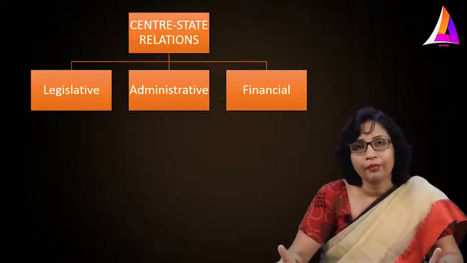So we know that India has adopted a federal polity of government. What is the federal polity of government? Maybe you know. Once again, I am going to revise that federal polity means India has adopted a federal structure, that is dual government.